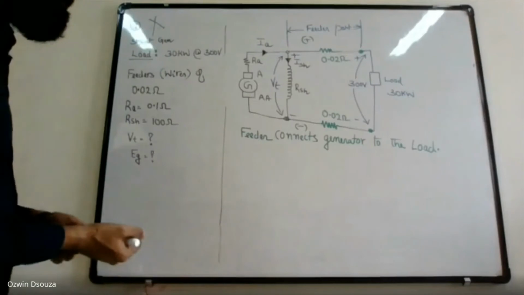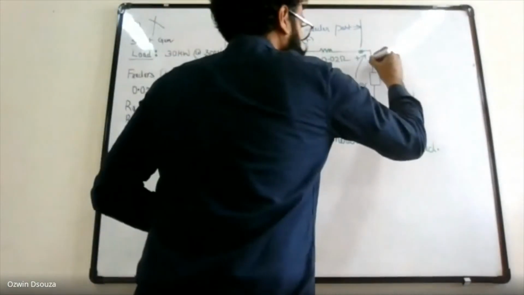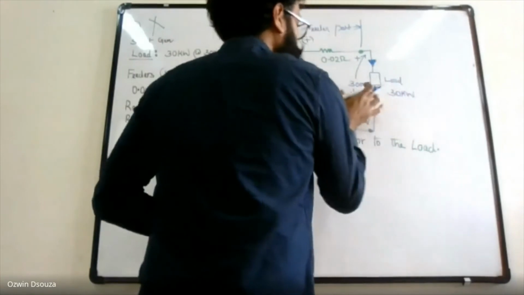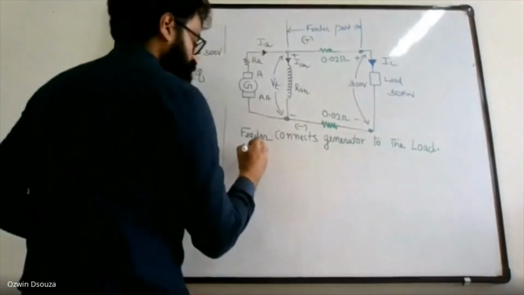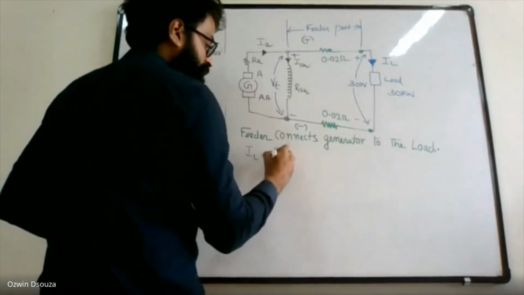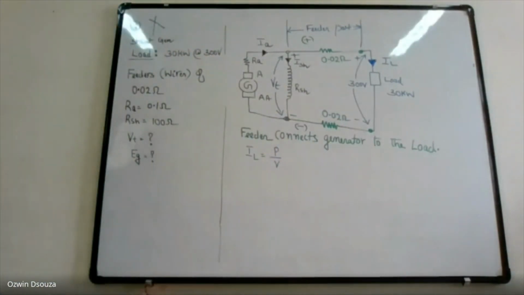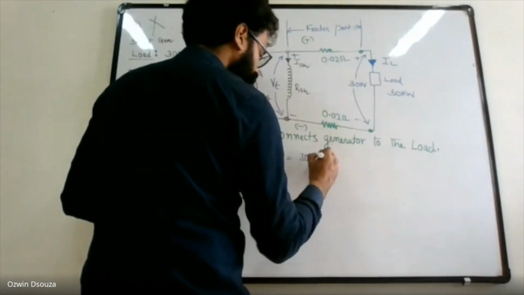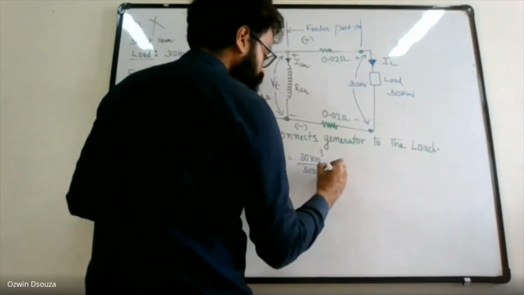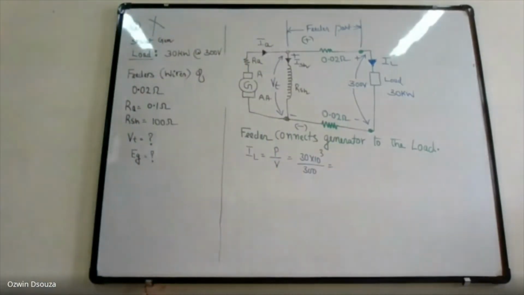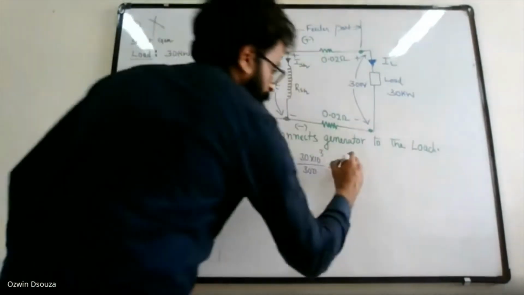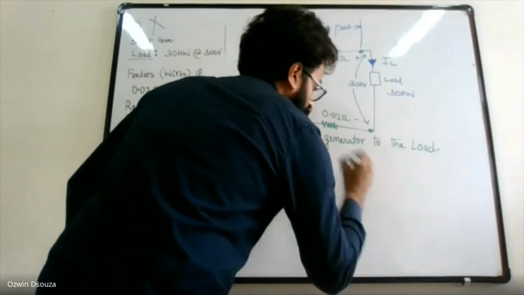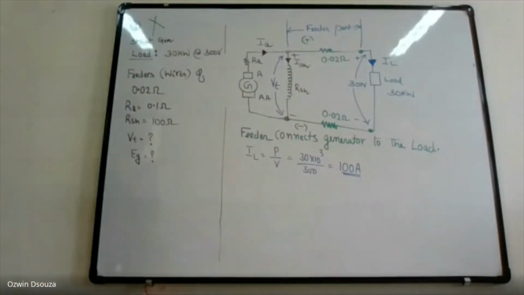First let us find the load current, because I have the power description as well as the voltage description. IL is equal to P by V. P is 30 kilowatt and V is 300, so we get 100 amperes as the load current.